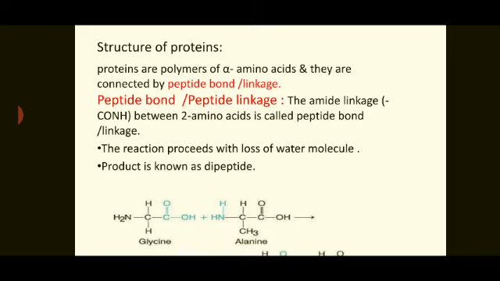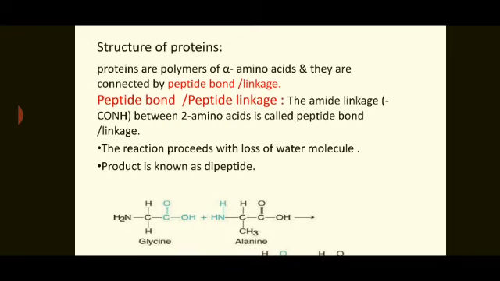Now here a question can be asked for 1 mark. Define peptide bond or peptide linkage. The amide linkage, that is CONH linkage between two amino acids, is called a peptide bond or peptide linkage. The reaction proceeds with loss of a water molecule and the product is known as a dipeptide.